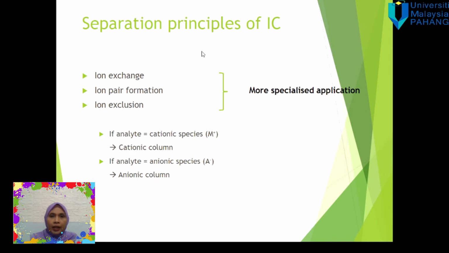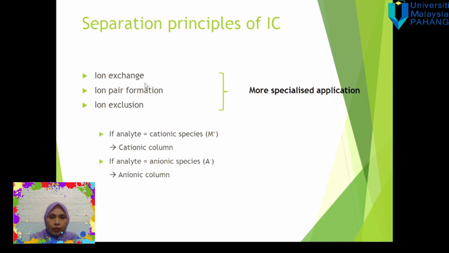The separation principle of IC is ion exchange. It can also be ion pair formation or ion exclusion. These two are more specialized applications, where we can apply these two separations.